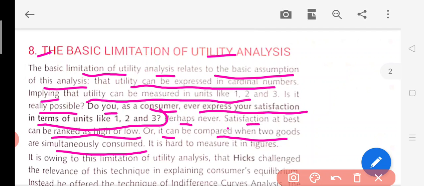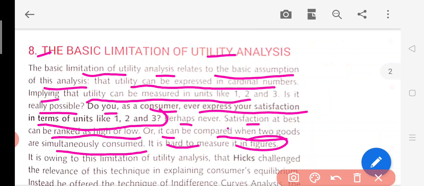So you are feeling most satisfied with the sport shoes. They provided you more satisfaction or more marginal utility. So easily you can compare, not in the form of numbers, but you can say that you are extremely satisfied with sport shoes compared to the formal shoes. So it is hard to measure satisfaction in figures. Here they are saying that it is hard to measure any kind of satisfaction in the form of cardinal numbers.